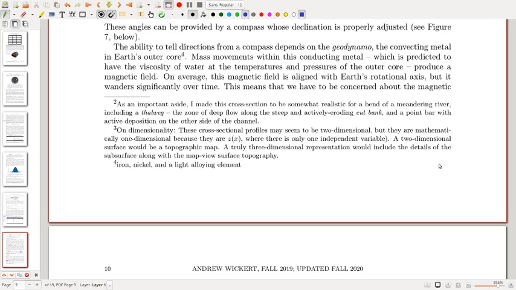And before I go on, let's just talk about how incredibly cool that is, right? So I can use a compass to find my way through the wilderness on Earth's surface because the temperature and pressure and compositional conditions way, way beneath our feet are such that we have a gigantic mass of molten metal that's moving with the viscosity approximately of water.